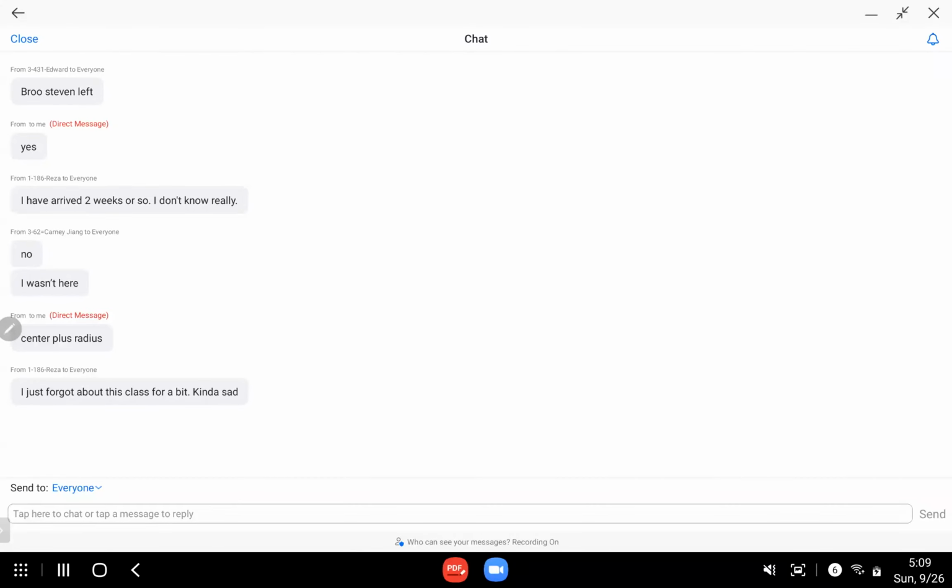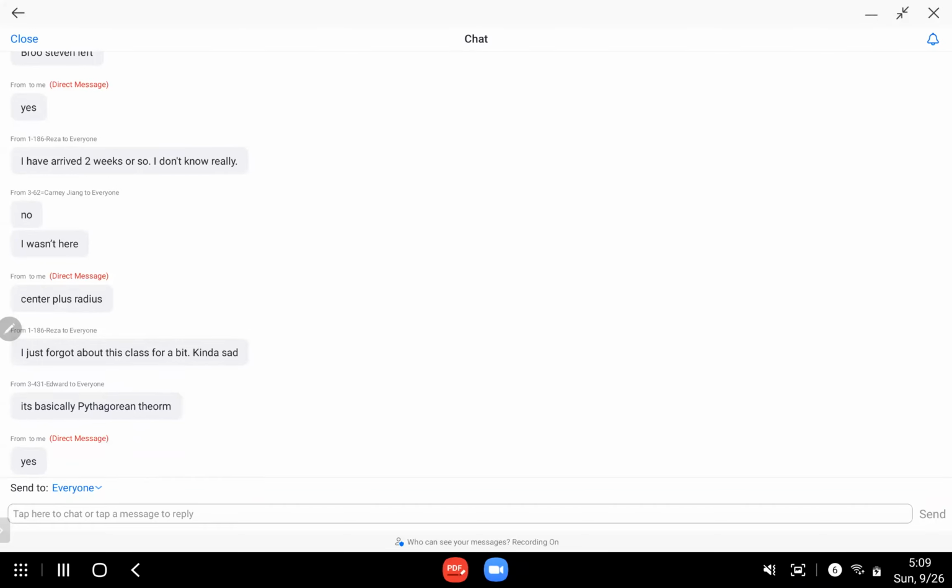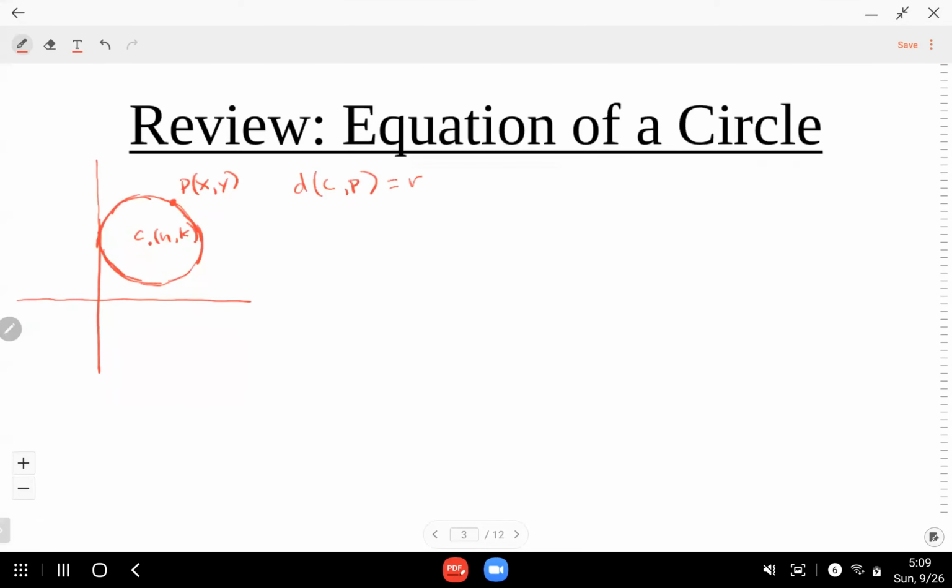Basically, it's the Pythagorean theorem, right? It is the square root of x2 minus x1 squared plus y2 minus y1 squared. That is the distance formula.